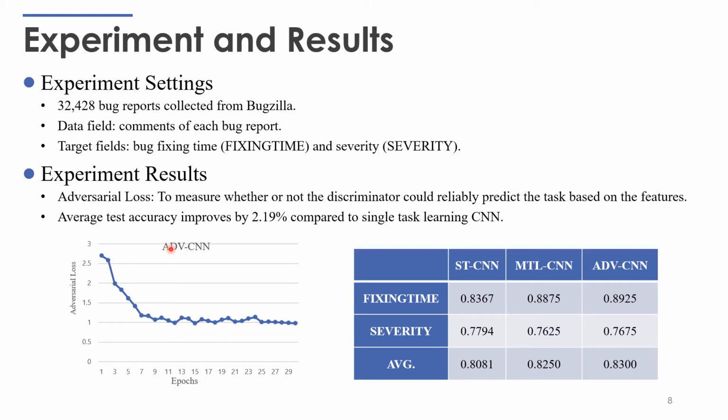The adversarial loss is used to measure whether or not the discriminator could reliably predict the task based on the features that were fed by the generator. Okay, and as you can see in the right diagram, the average test accuracy improves by 2.19% compared to the single task learning CNN model.